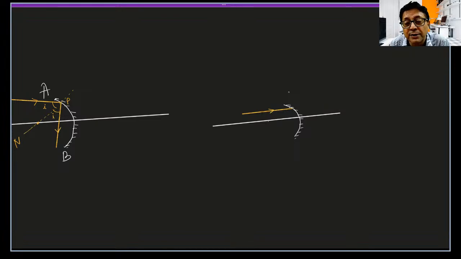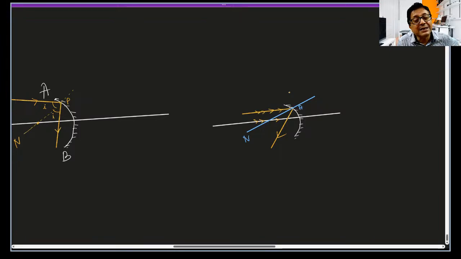If you don't draw the normal, then you are confused. Sometimes you do it by imagination. This is the normal from the point of incidence. Point of incidence is A here, AN is the normal. Then the reflected ray will obey the law of reflection, it will go this manner. Clear? So if a ray is sent parallel to the principal axis, then it will intersect the principal axis at what we refer to as the focus.